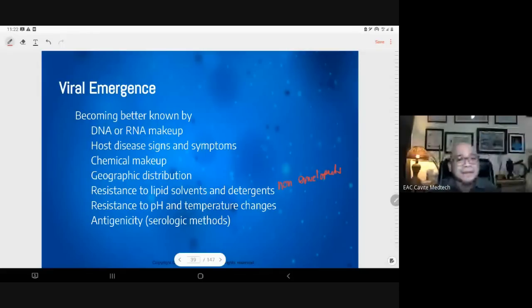Now, the viral proteins are the basis for the viral antigenicity. So if we are doing antigen tests, it means that we're trying to detect viral proteins from the human samples. That is the antigenicity, and it's also the basis of serological methods such as the antigen test.